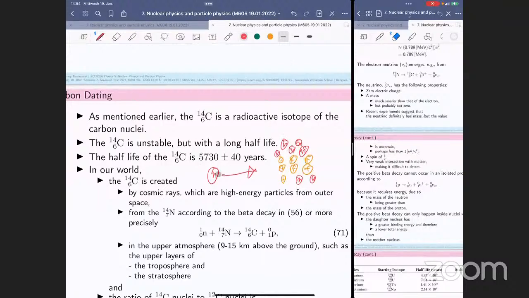And the neutron here just kicks out the proton that stayed formerly inside the nitrogen nucleus. One of the protons is going out, and the neutron just stays in place of that proton, okay.